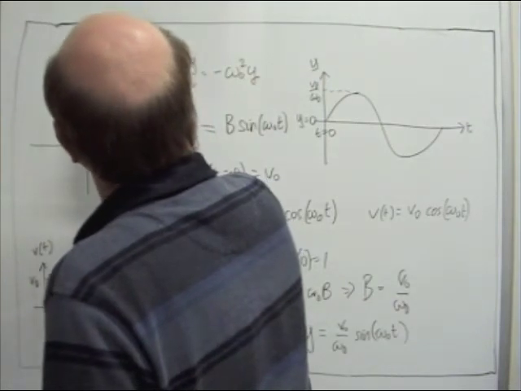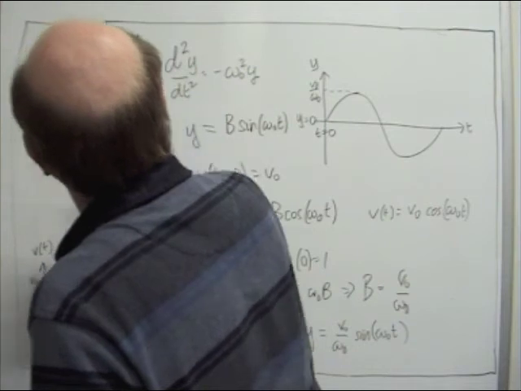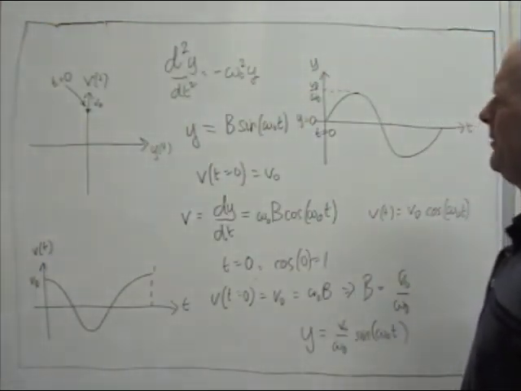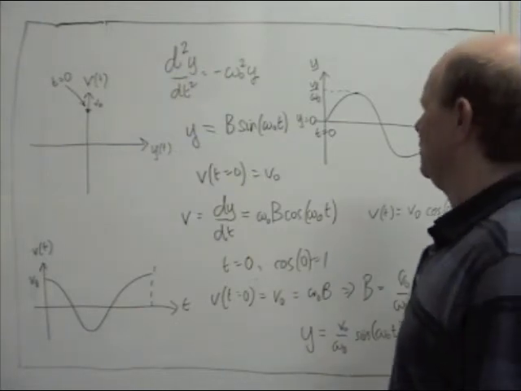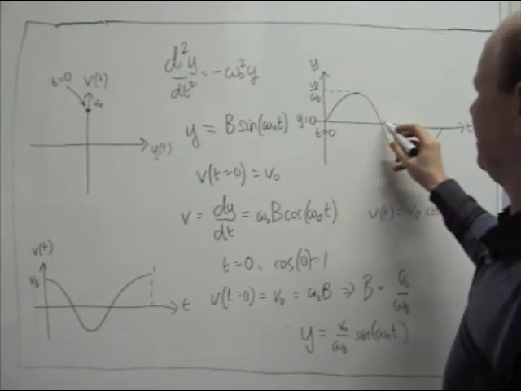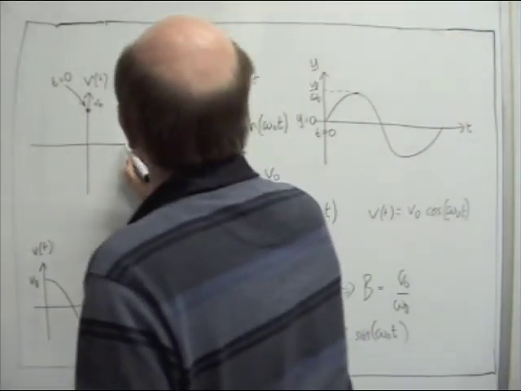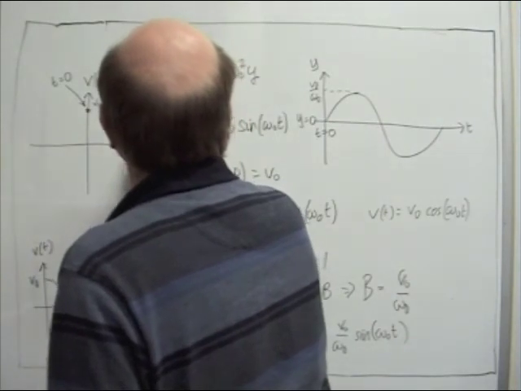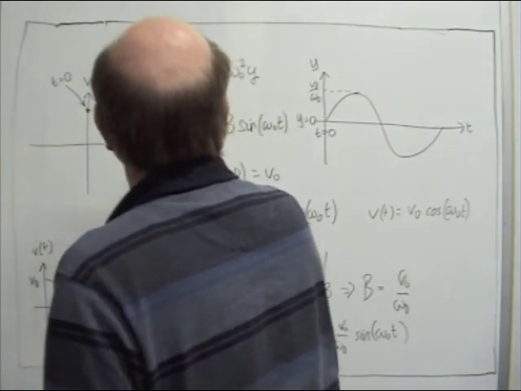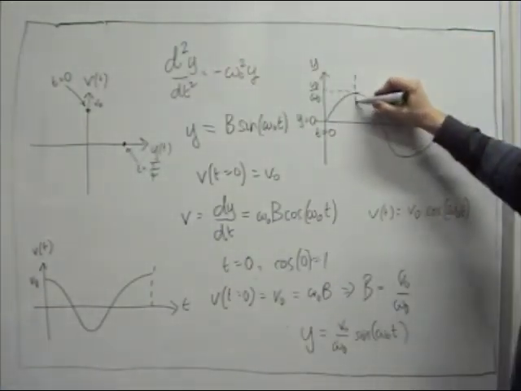So at time t equals 0, the position of the oscillator in this plane of velocity against position is there. And then, as time evolves, the position of the oscillator goes up and then goes back down to 0. When the position of the oscillator is maximal, the velocity is 0. So at t equals a quarter of a period, that's here, right?